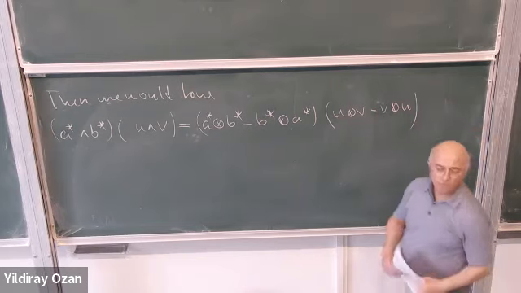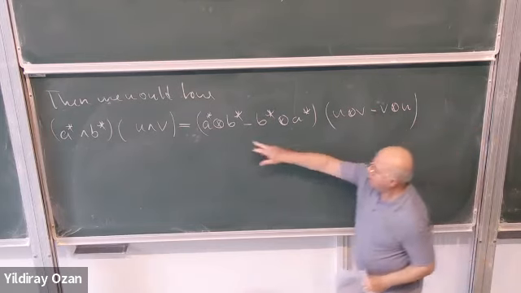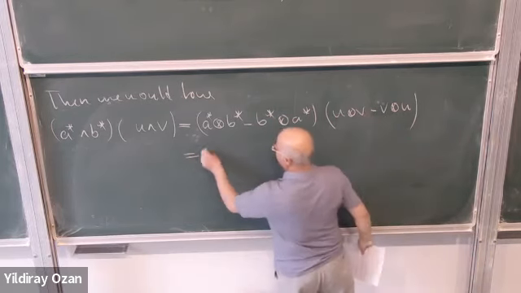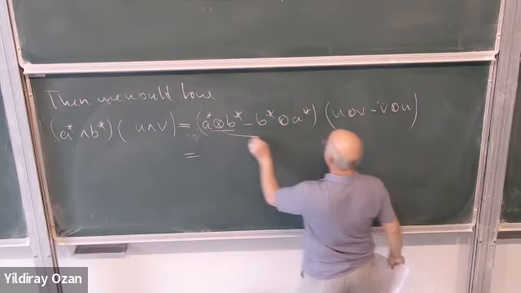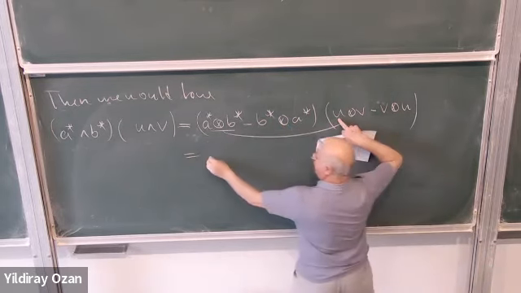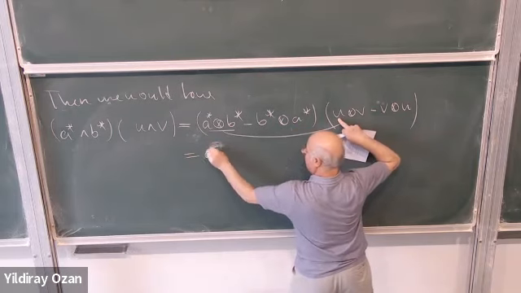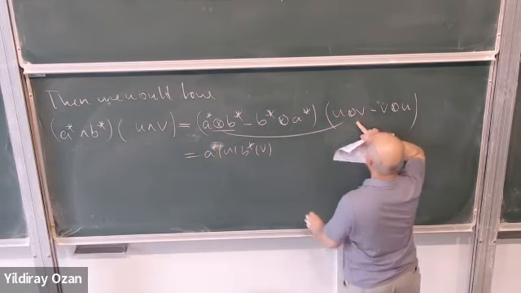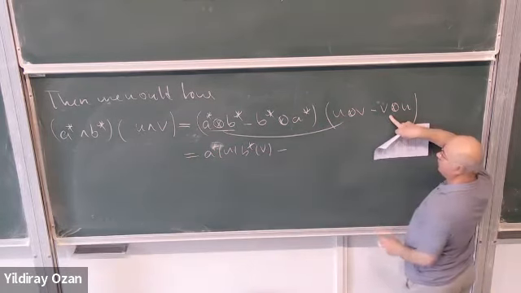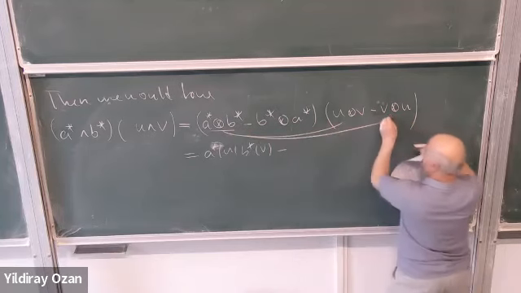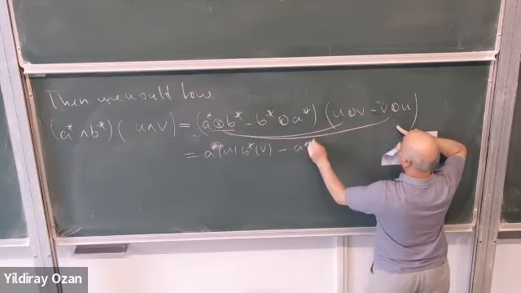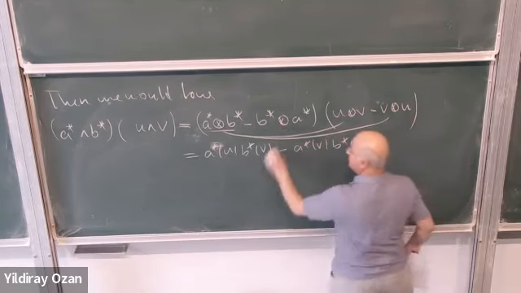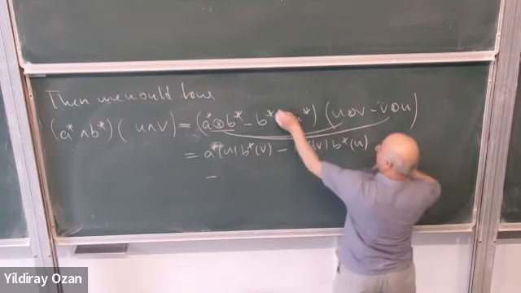So we have 4 terms, right? This one will eat this one, and again the same. So if this guy eats this one, it will give me A star U, B star B, and then it will eat this guy, and it will give me what? A star B, B star U, and then this guy will eat this one.